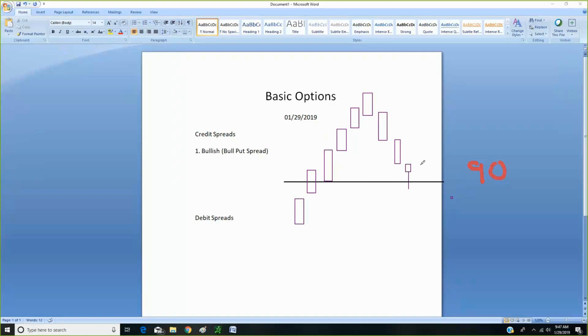So the stock is at $90, and let's say this support level right here is 88. I'm trying to sell a strike underneath it. So let's say I can sell the 87, right? Sell it. Now I want it to go up.